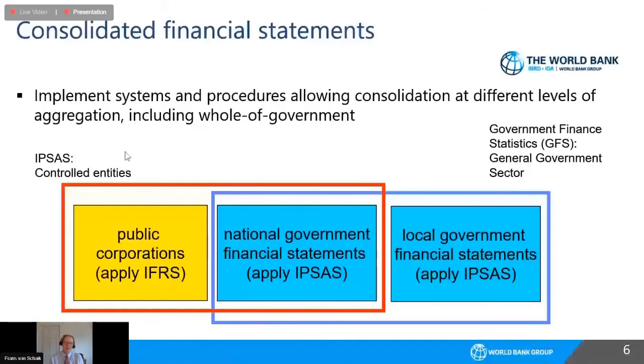And the most comprehensive picture is painted when we put all of them together, and then we have the whole of government financial statements, like the United Kingdom is publishing each year. So make sure you have the systems and procedures that allow consolidations at different levels of aggregation, including the whole of government.